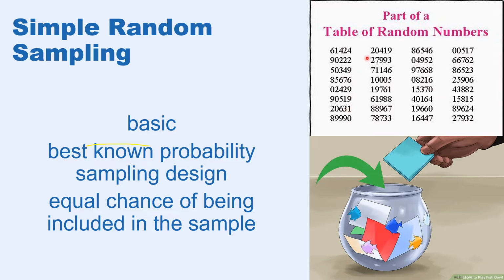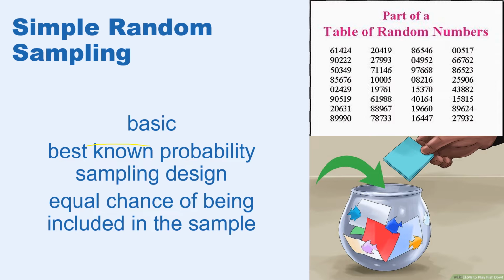There's no 631. So I will continue to do that until I am able to complete my sample size. Now, who is generating the table of random numbers? In the past, it may have been generated by people who would write numbers randomly. But at present, these are already computer generated.